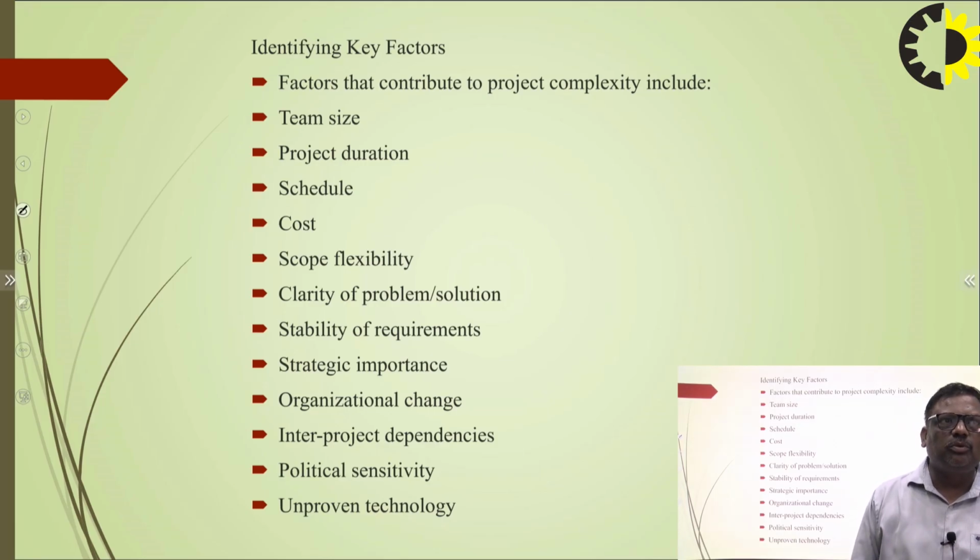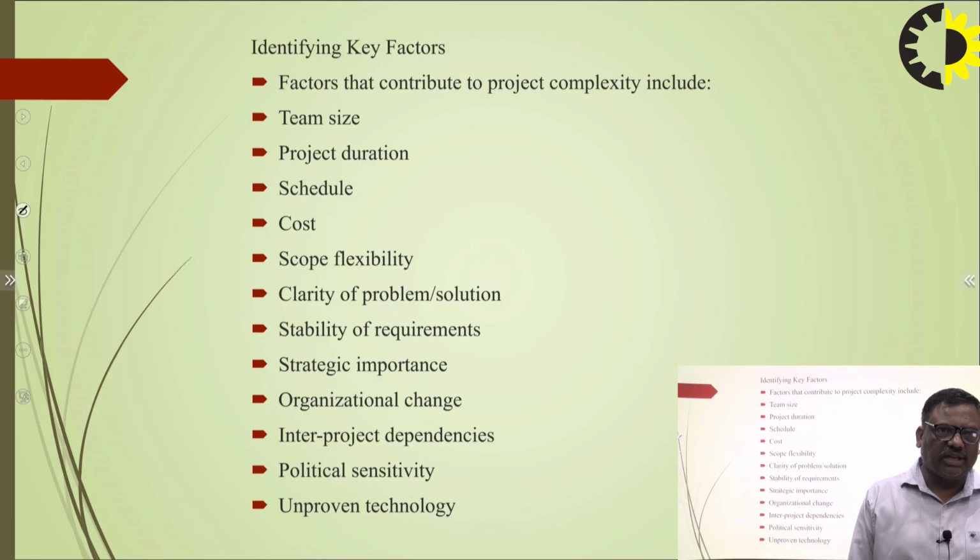Factors that contribute to project complexity include team size and effective team size, which means skill is also involved, because the team is core skilled labor. So team size, and quality-wise the team, are very key factors.